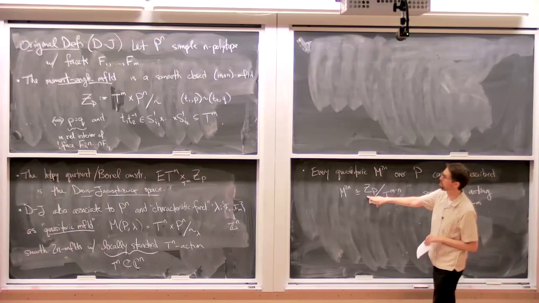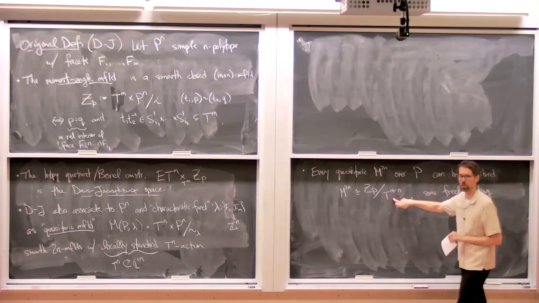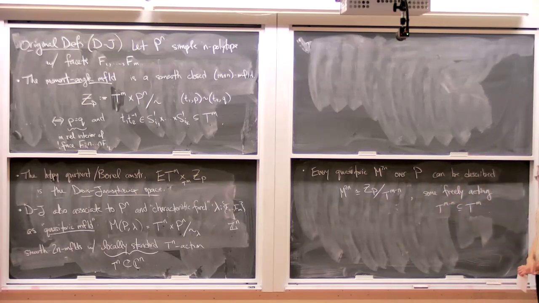Right, so this was an m plus n dimensional space. Quotiented by this, you get your even dimensional manifold, 2n.